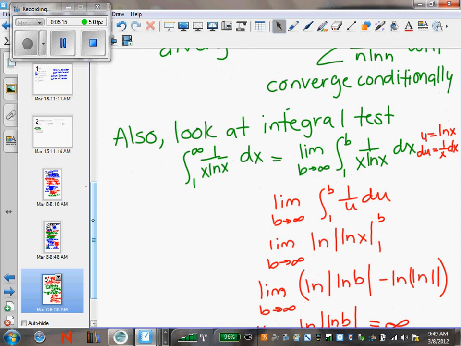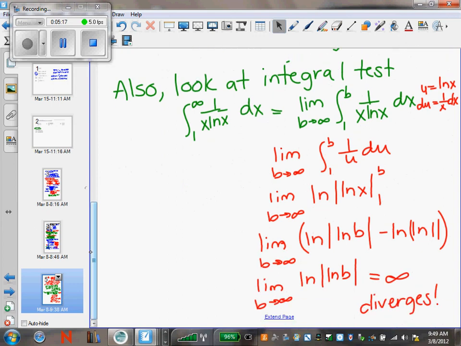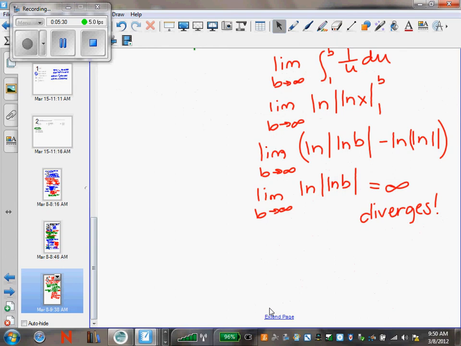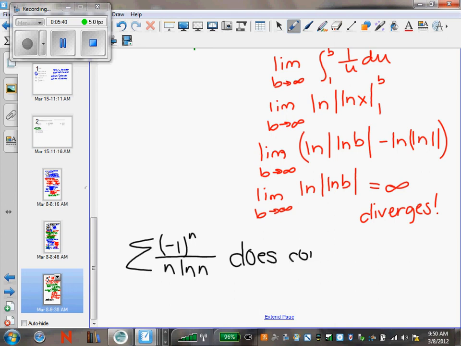And we can see that by the integral test, that yes, I have indeed proved that I will get infinity, so it diverges. So that means our original problem, the summation of -1 to the n, or alternating series, does converge conditionally.